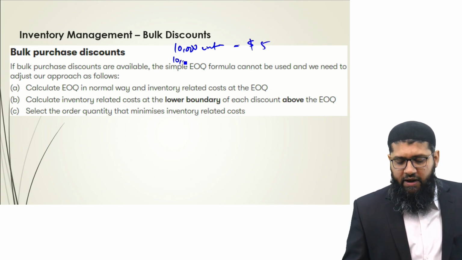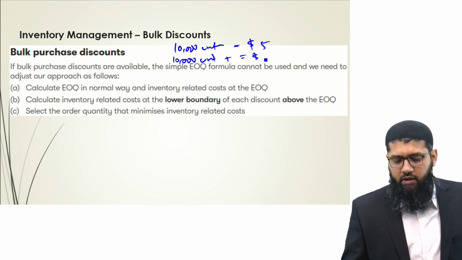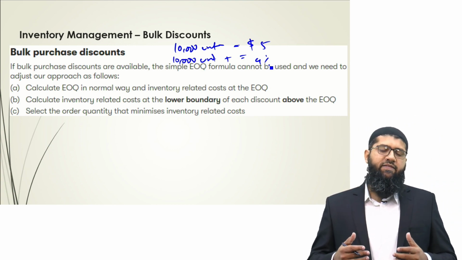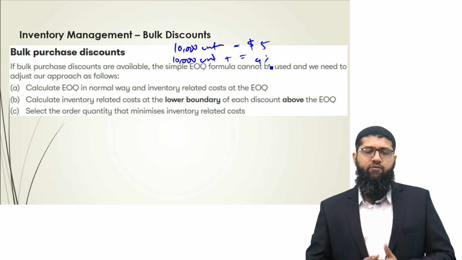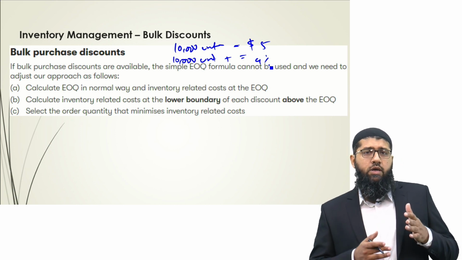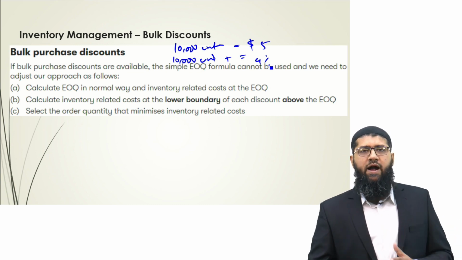But if your order is 10,000 units plus, we will give you, let's say, a discount of 4%, 5%, etc. So from the examination's perspective, you may be given such a scenario where the examiner says you will be offered a discount if you do this, or if you do that.